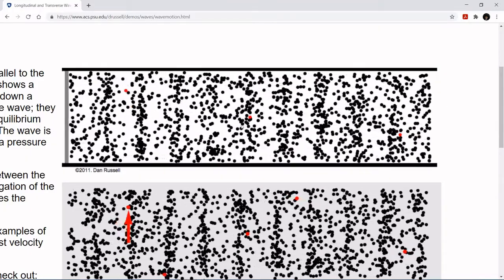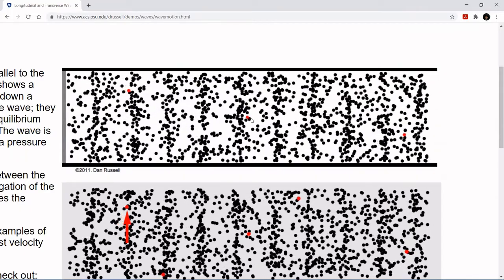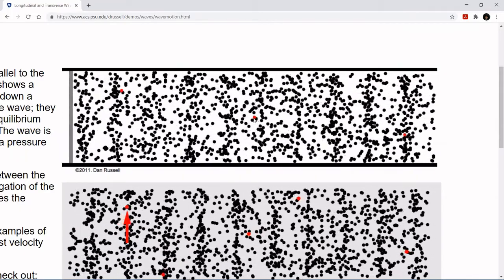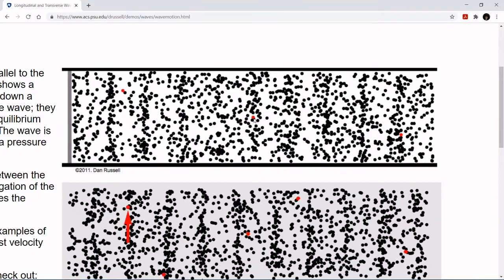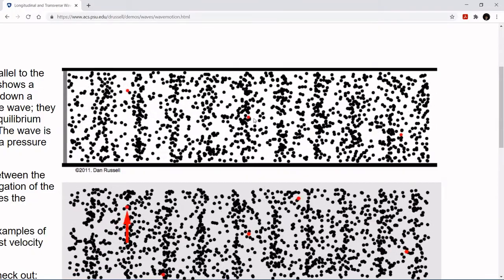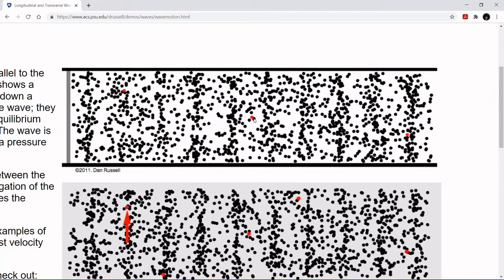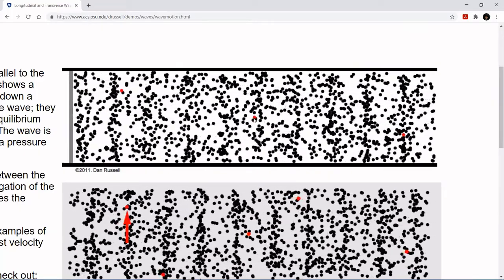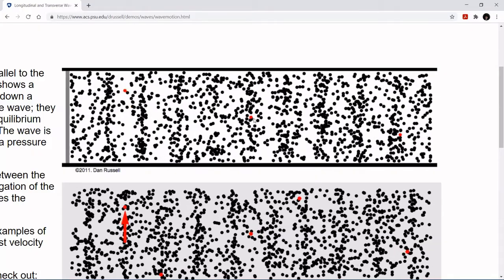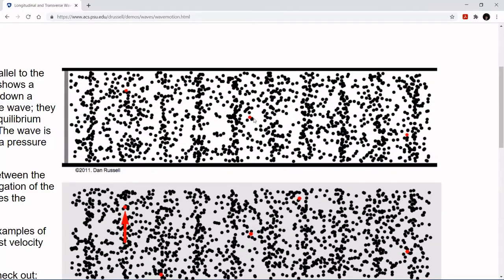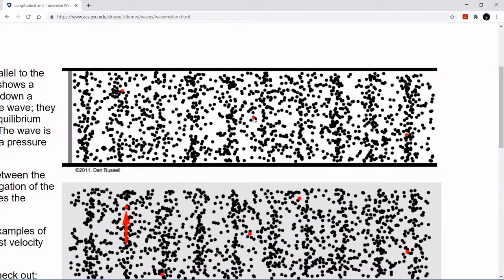And you can see that if you focus just on this dot that's been highlighted in red. Do you see how it's really just oscillating back and forth about an equilibrium position, much like a simple harmonic oscillator? It's a lot like a mass just connected to an ideal Hooke's law spring. And so you can anticipate that the motion is sinusoidal or close to sinusoidal. And it's not just that red dot for which that's true.